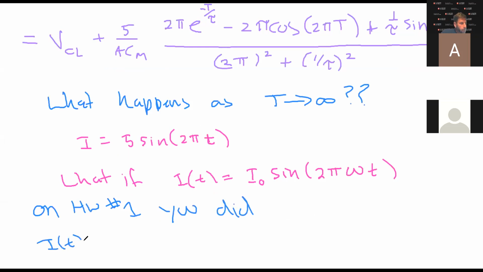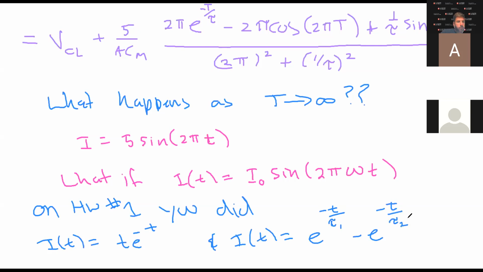The first one you did was t e to the negative t, and then you did e to like negative t over some number. I forget what it was, maybe like point, I don't know, some constant. Let's call it tau 1, and then you did some other constant, tau 2.